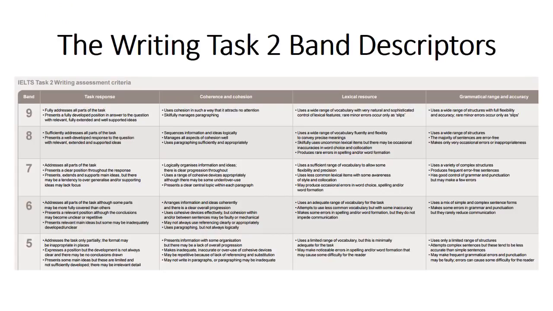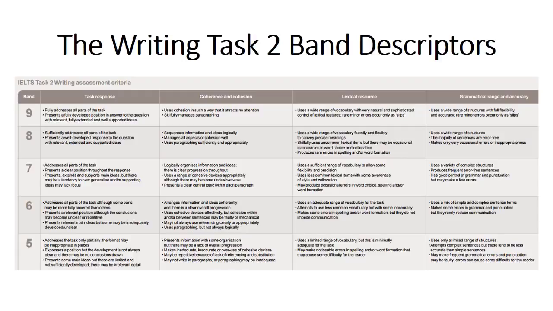Take a look at the Writing Task 2 band descriptors. This is what the IELTS examiner uses to give you a score, and these are from the IELTS organization. So we have band 9 down to band 5 on the left, and it actually goes down to band 1 or 0.